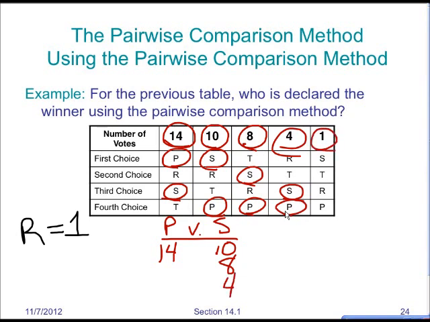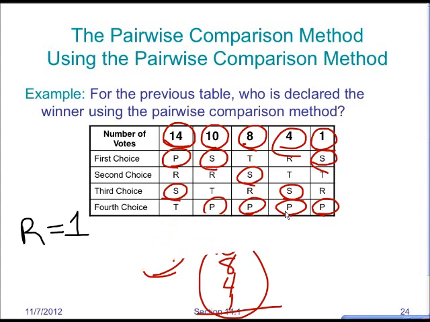And 1 person likes Sarah better than Paul. So if you add that up, 14 people like Paul better, and 23 people like Sarah better. So Sarah is going to get 1 point.